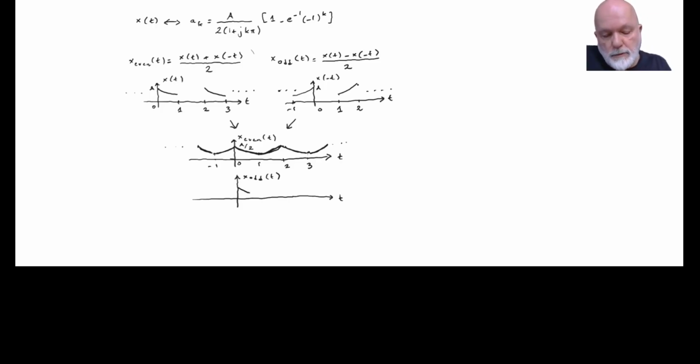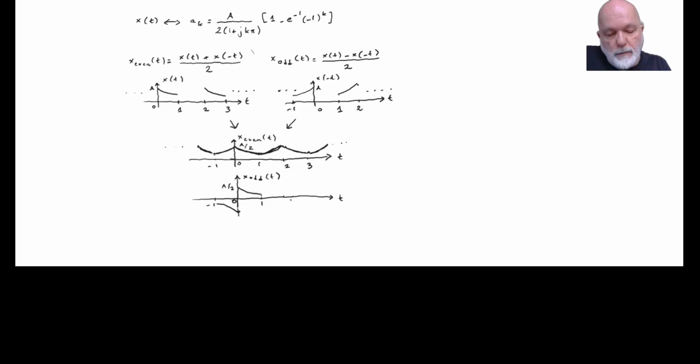So the odd part of the signal will be, again we have a over 2, between minus 1 and 0, we will have this function.